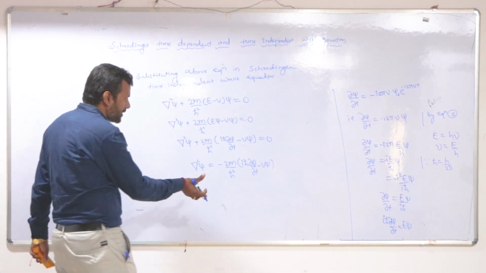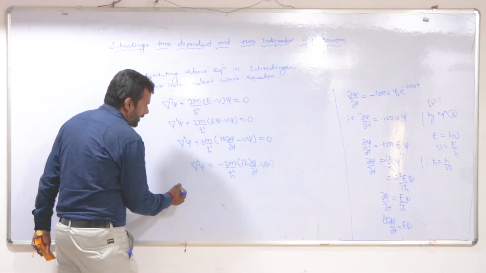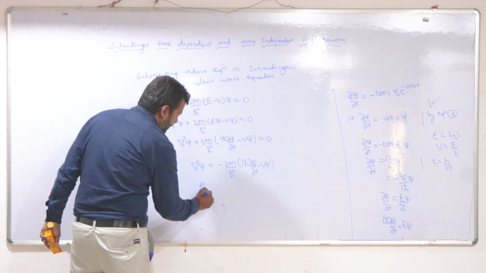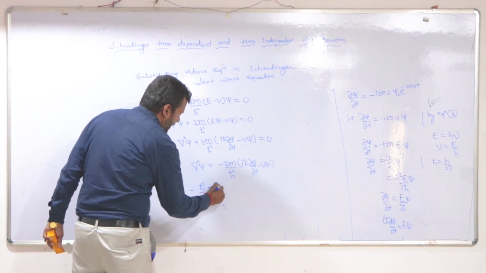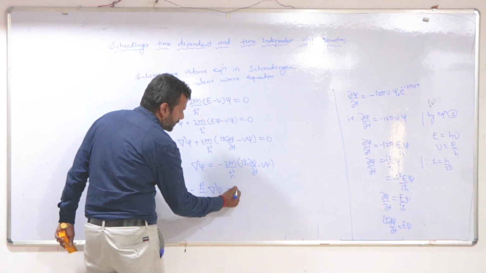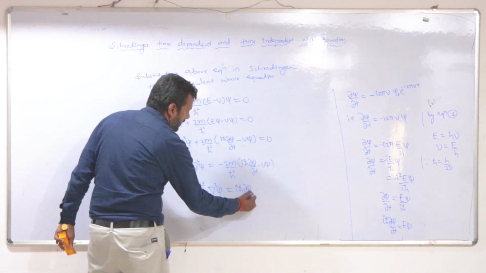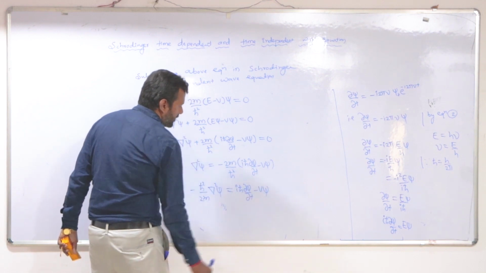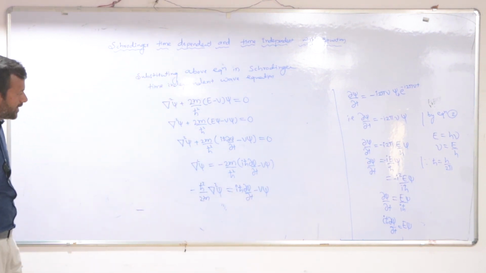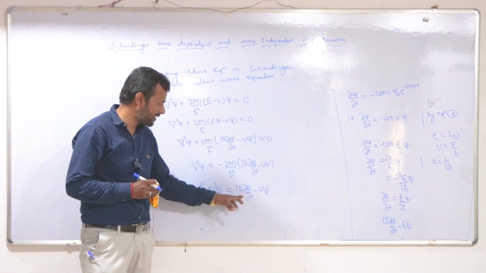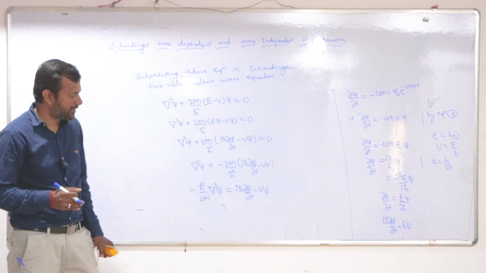Now we will take this h cross square by 2m here. So h cross square by 2m del square psi equals i h cross dou psi by dou t minus v psi. Here v is the potential, h cross is the reduced Planck's constant, and psi is the wave function.